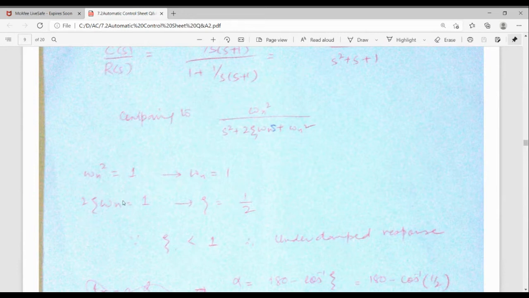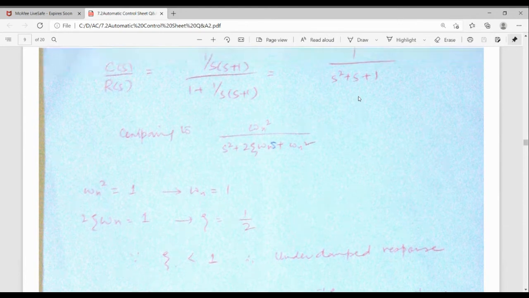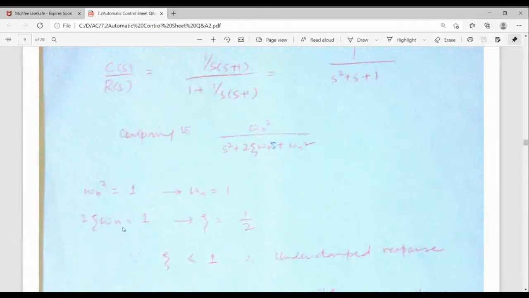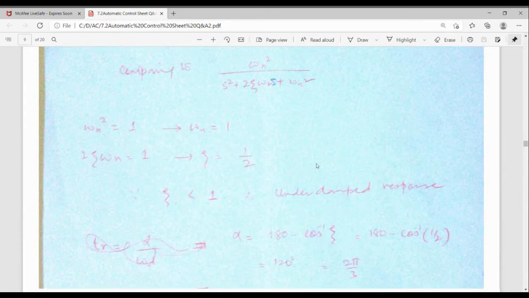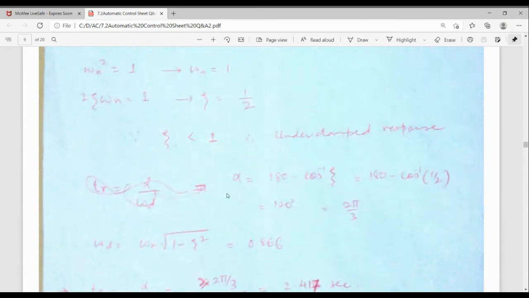Comparing, 2 zeta omega n is equal to 1. Now substituting omega n as 1, you will get zeta as 1 by 2. Since zeta, which is half, is less than 1, it is an underdamped response. For an underdamped response, these are the formulae.